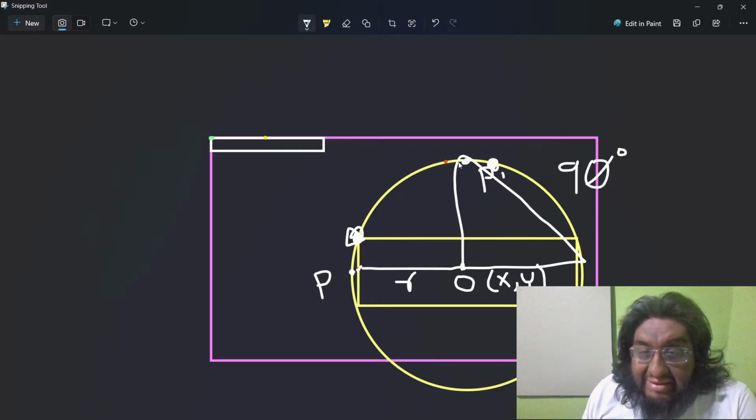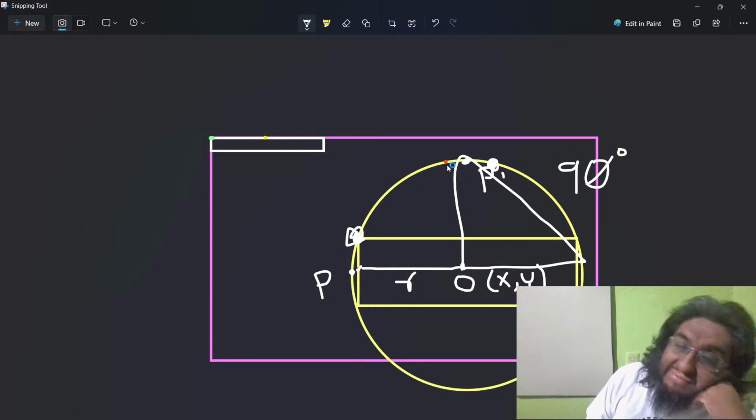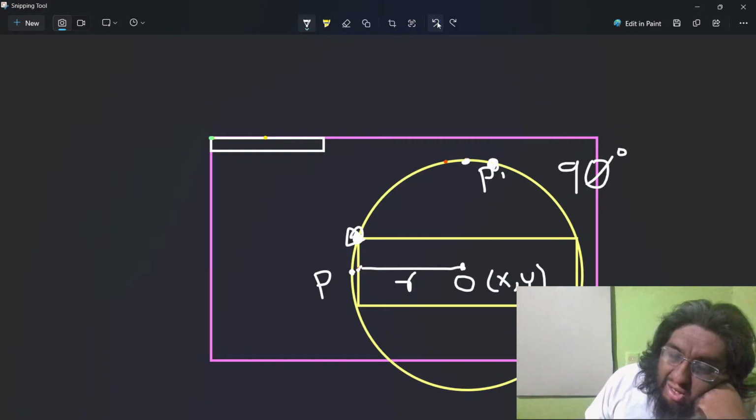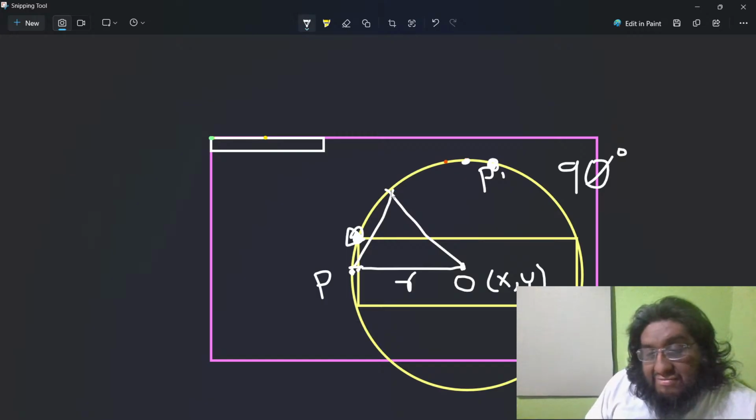How will you know that? This minus y. We need to find some unified formula because if it is 45 degrees, we will have this, so the thing is not uniform.